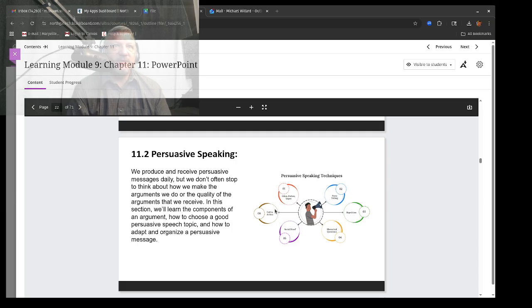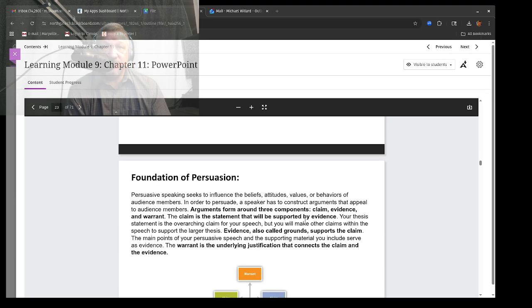In this section, I'm going to break that apart. I'm going to talk about the components of an argument or persuasion, how to choose a good persuasive topic, and how to adapt and organize your message to be persuasive.